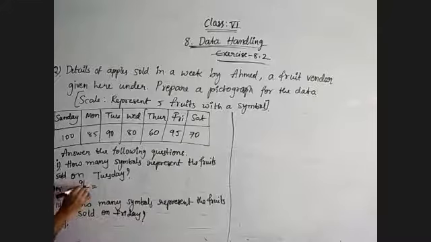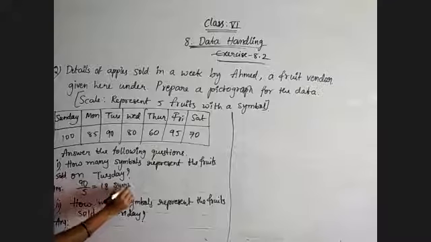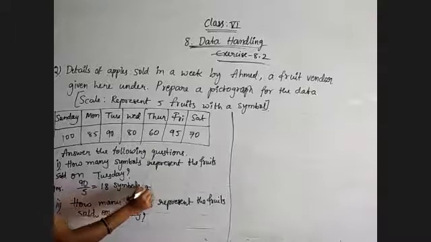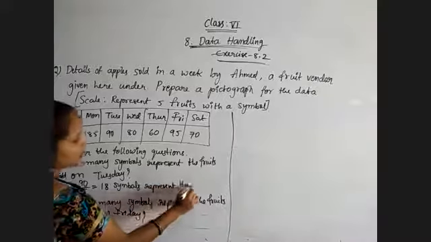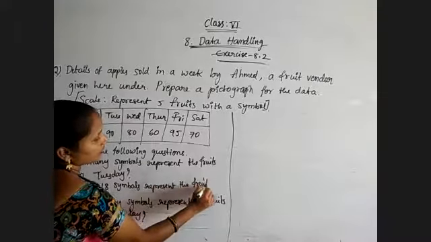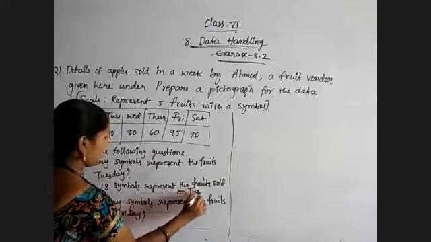So 90 by 5, which is equal to 18, 5 eights are 40. 18 symbols represent the fruits sold on Tuesday.